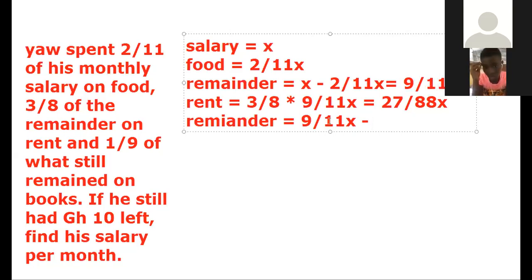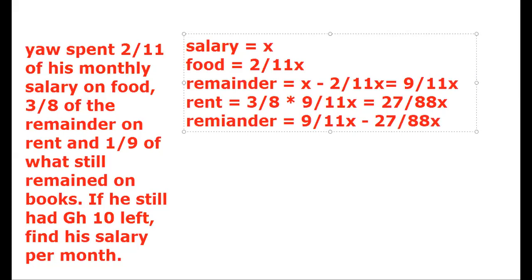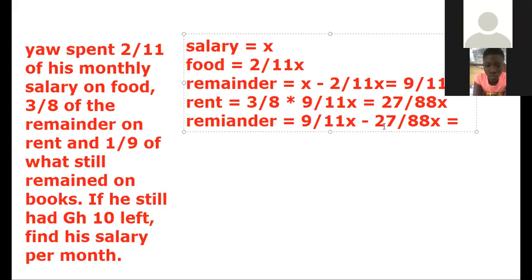So this 9/11x minus the one that is spent on rent, 27/88x, will be the amount remaining. So 9/11 minus 27/88 will give us 45/88x.